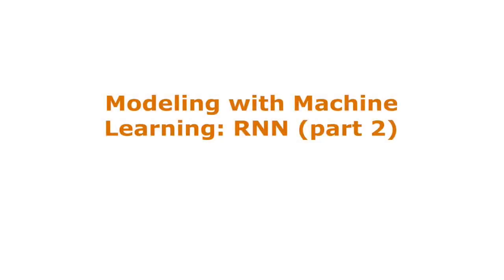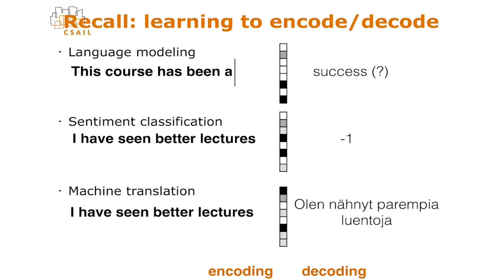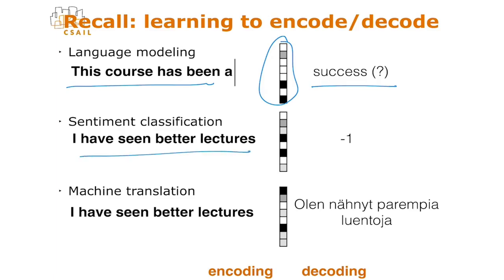Welcome back. Today we're going to be talking about how to generate sequences using recurrent neural networks. If you recall what we did last time, we showed how recurrent neural networks can be used to condense or map sequences into vector representations, and those vector representations can then be used for all kinds of predictions, either based on a part of a sentence to predict what comes next, or a complete sentence into a vector to predict, say, sentiment.